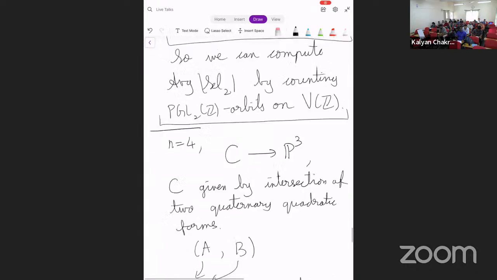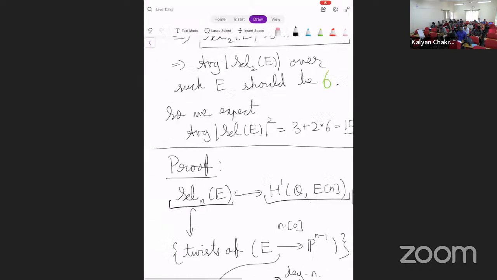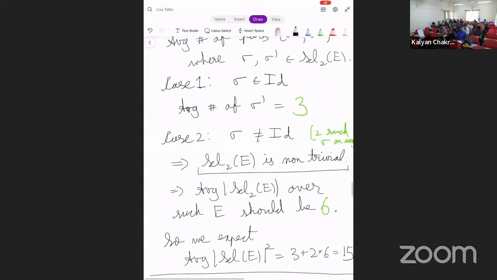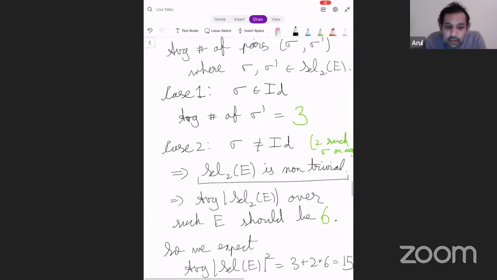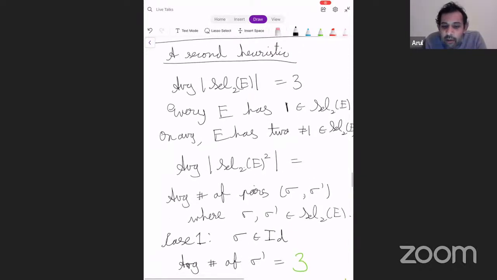So we just showed some heuristics in the last part of your talk. Can we generalize those heuristics for other primes? You were doing it for the 2-Selmer group. Absolutely, this is a really great question, and a very interesting topic. How do we make these heuristics?